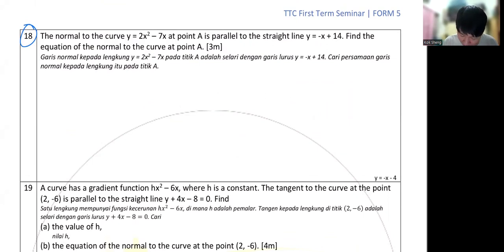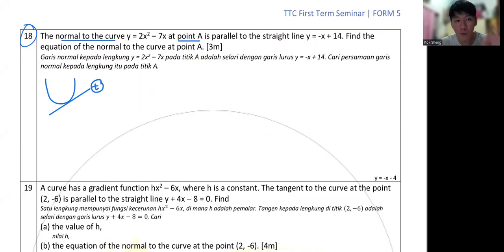Okay. The normal to the curve at point A. Okay, I draw the graph for this one first. Normal to the curve. So you have a curve here. Tangent touches one point, right?